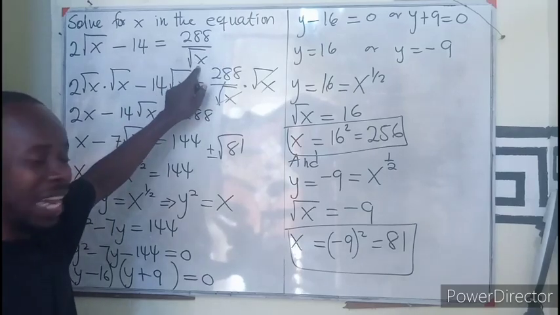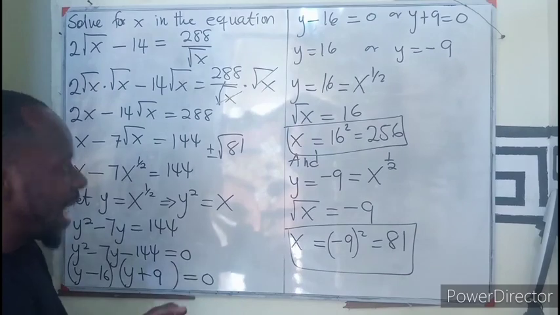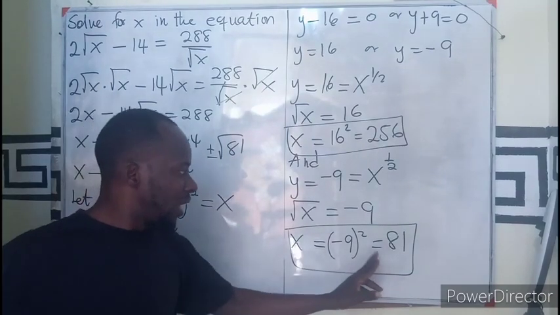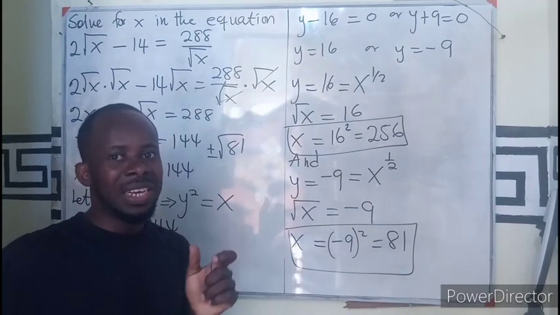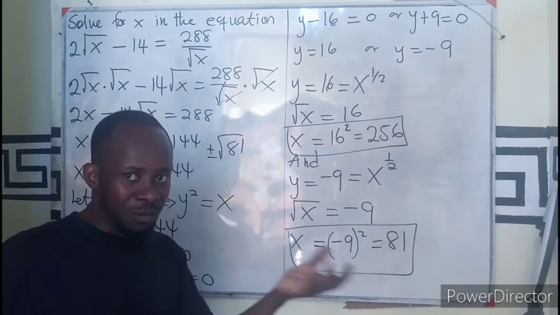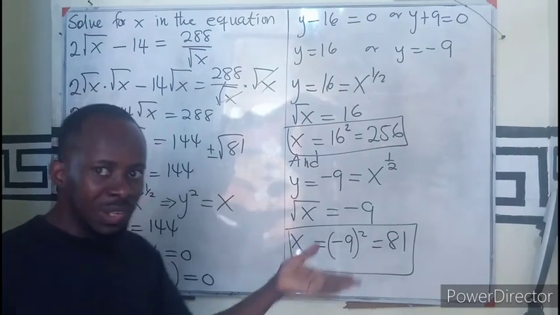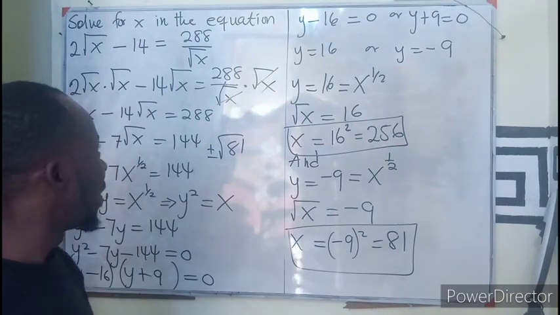This also divided by negative 9 gives you negative 32. So the value of x is also 81, but that can only work with the negative square root of 81. The positive one will not work, even though 81 is the solution. So let's take note of that.